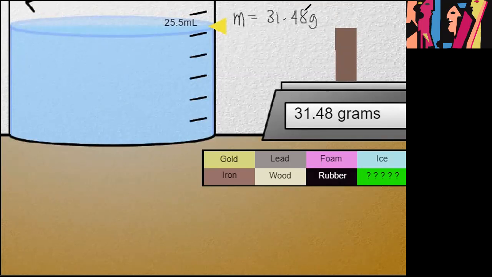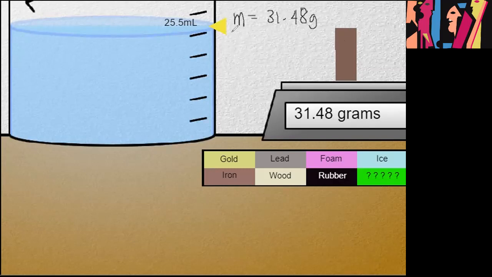My vessel here is telling me that I have a volume of liquid 25.5 ml, milliliters. If I take my object and submerge it in this vessel, the water level will rise and the volume indicated here will change. The difference between that new volume and this volume here is the volume of my object.